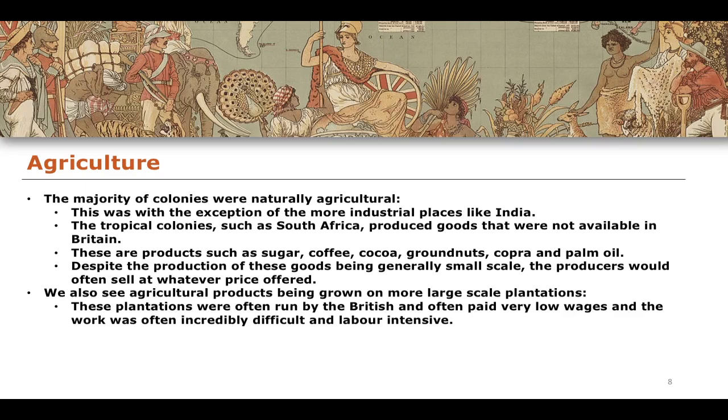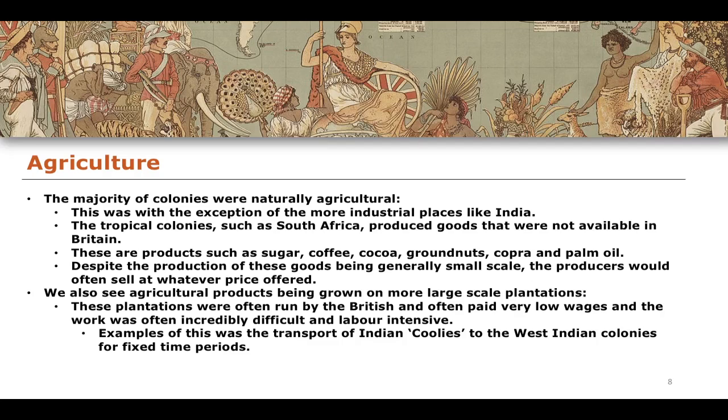But in terms of the ways in which there was the utilization of plantations here, was not with slavery necessarily, but with something that was nearly akin to slavery, of course, with very low paid individual workers who were doing incredibly difficult and labor intensive jobs. An example of this was the transport of Indian coolies to West Indian colonies for fixed time periods.